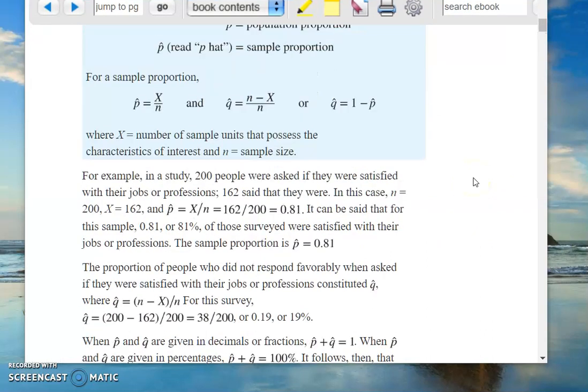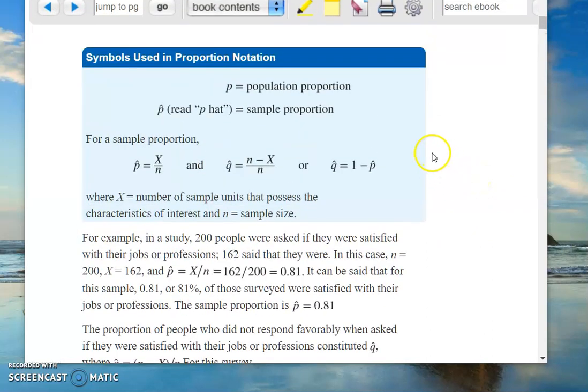Okay, so now this is a situation where we're asking a question: are you or are you not satisfied? Are you or are you not testing positive? So a success, we talk about it as being a proportion, that's P. Q hat is, see right here, it says P hat and Q hat.